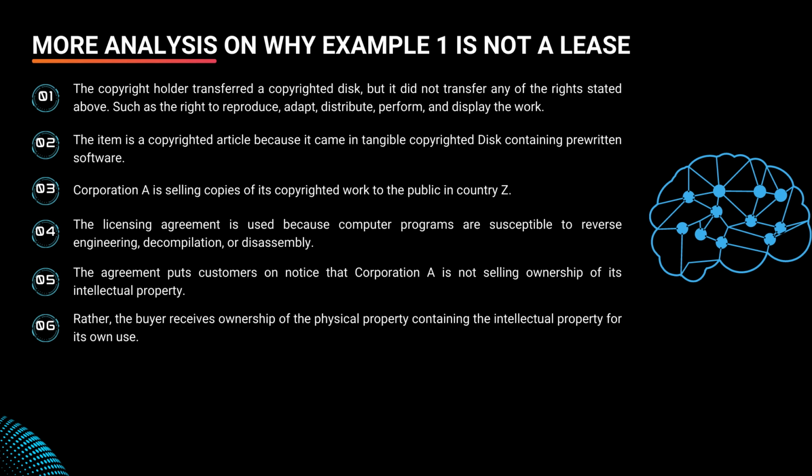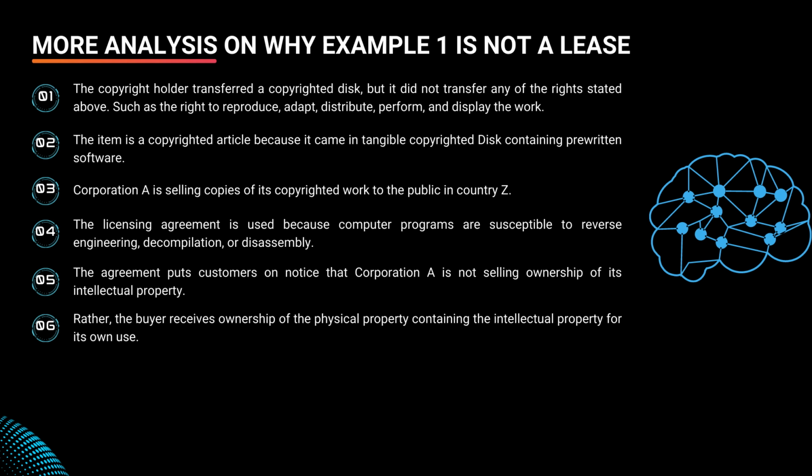So here you have a computer program which is placed on a disk. The computer program itself is intellectual property. Once it's placed on a disk, it becomes a physical property. So you own that physical property and you can use that computer program for your own personal purposes or for business purposes. But you're also restricted, as we stated earlier.